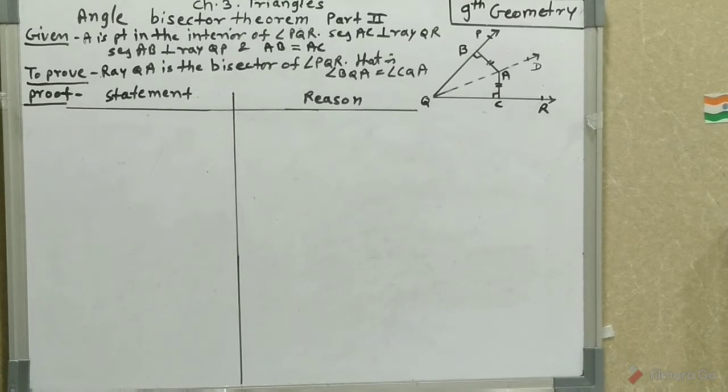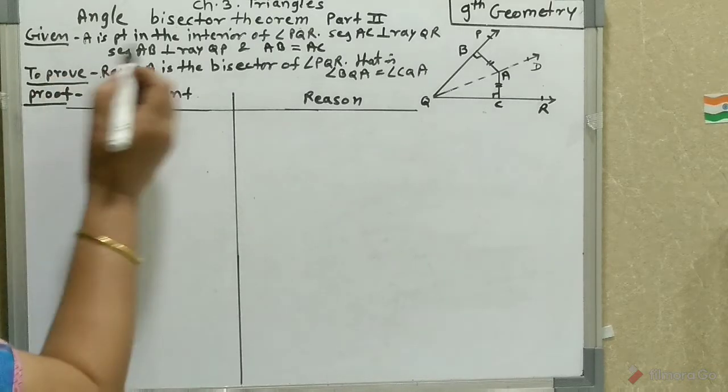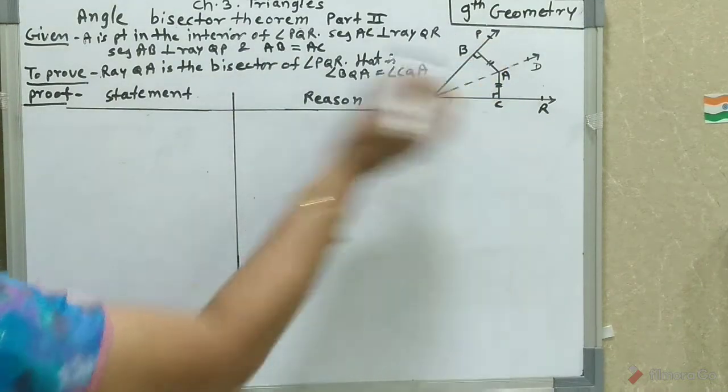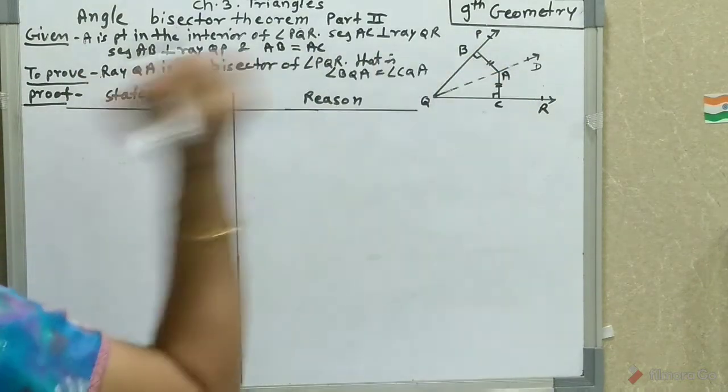See the next part, angle bisector theorem part 2. What is the statement? Every point on the bisector of an angle is equidistant from the sides of the angle. What is the given? A is a point in the interior of angle PQR. This is angle PQR and point A is in the interior of this angle.